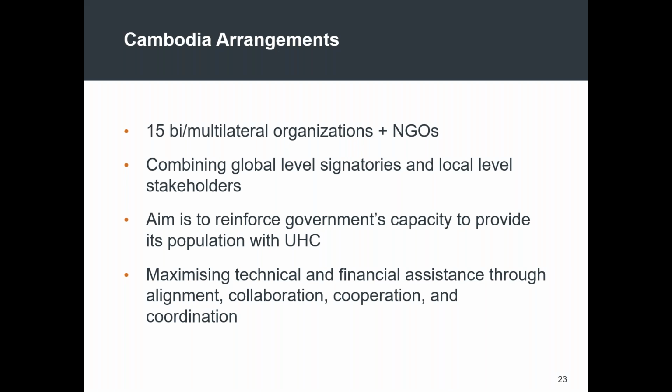So our objective is fairly similar to that at global level, and it's to reinforce the capacity of the Cambodian government to provide UHC to its population. And we mainly try to achieve that by maximizing technical and financial assistance through alignment, collaboration, cooperation, and coordination of our activities within the country.